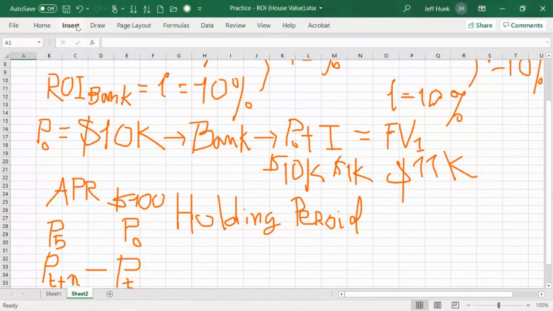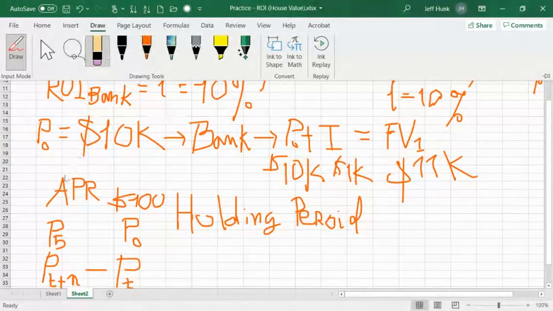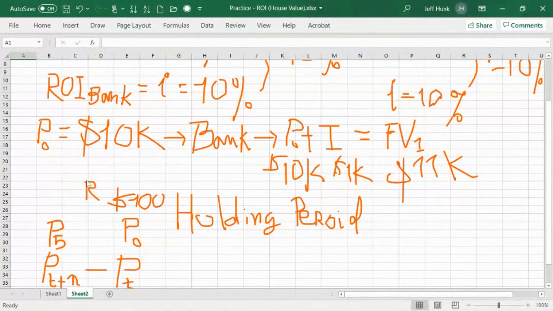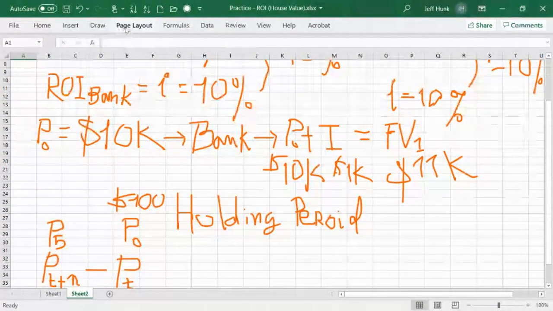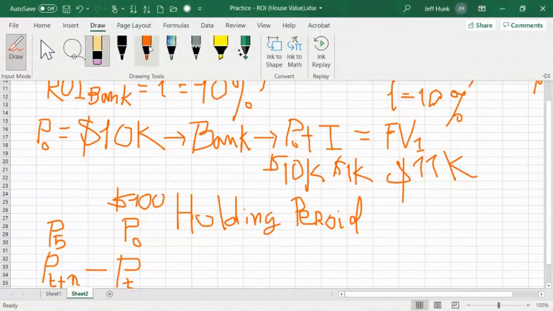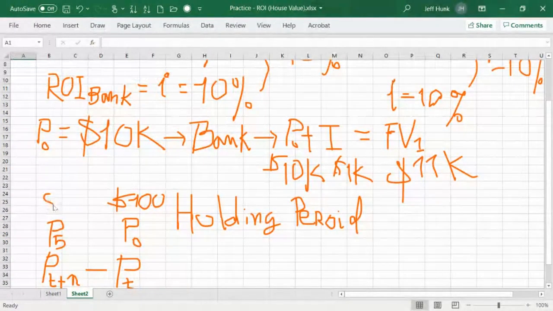Okay, hold on. I need to erase to give it some space. Yes, that's 100% growth.